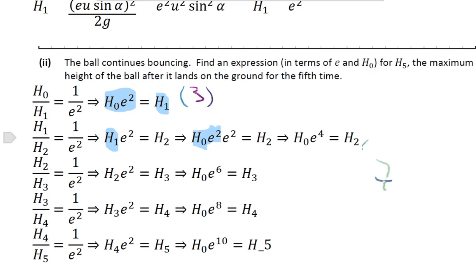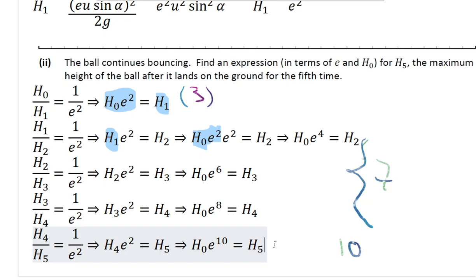Getting the pattern or spotting something would be worth 7, and then the final answer is worth your 10. So I'd say it's 3, 7, 10, maybe 3, 5, 7, 10 if you do something correct in this middle part.